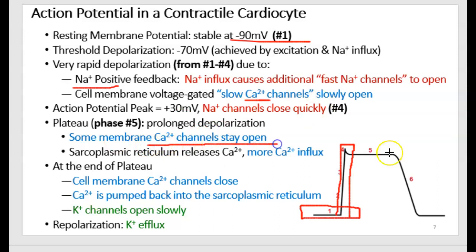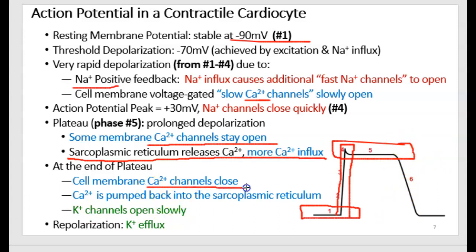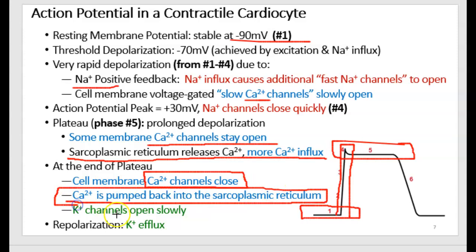Calcium channels stay open during the plateau phase, but more channels in the membrane of the sarcoplasmic reticulum open, and you get an influx of calcium into the cytoplasm. At the end of the plateau phase, all calcium channels in the membrane of the cell close, and the sarcoplasmic reticulum pumps cytoplasmic calcium back into its organelle.